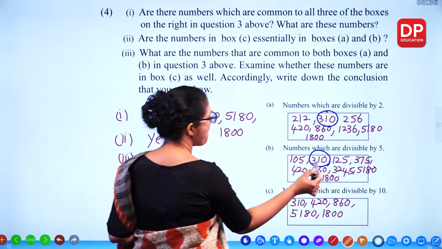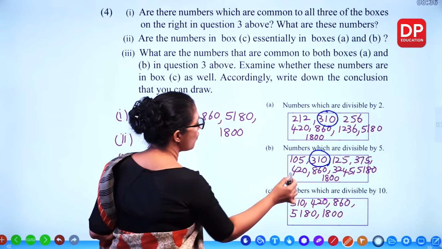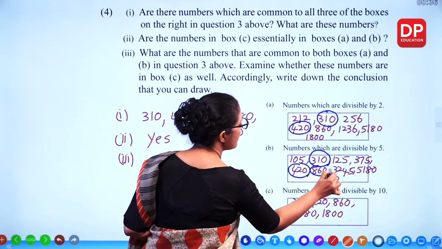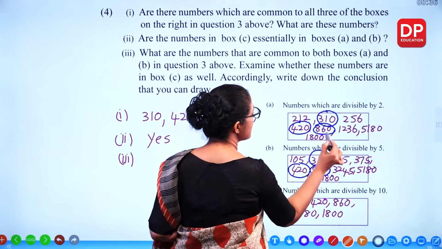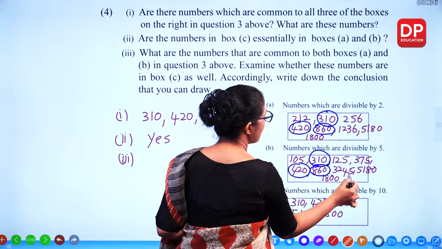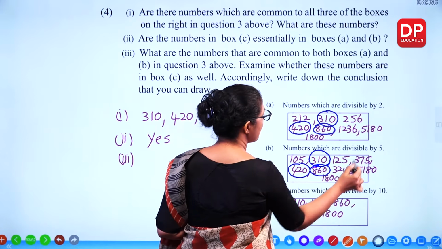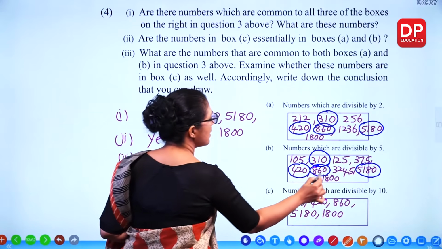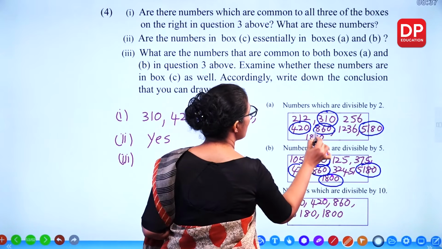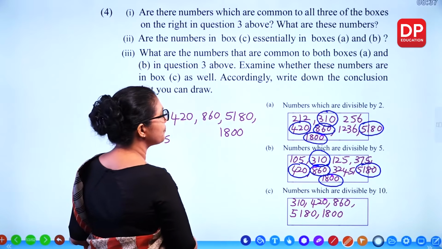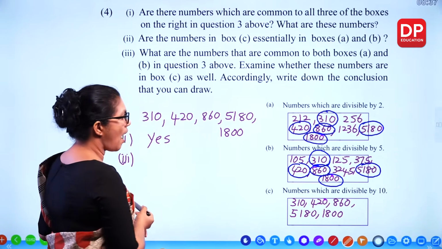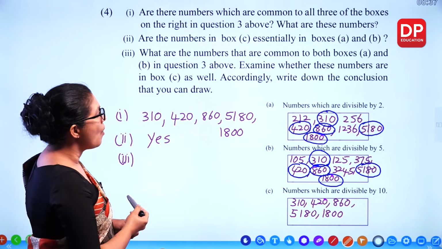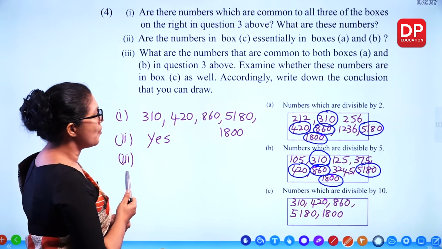Then 420, 860, 5180 and 1800. So that means the last digit is 0 only.